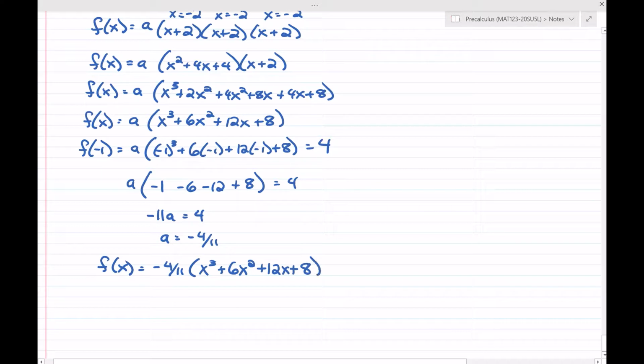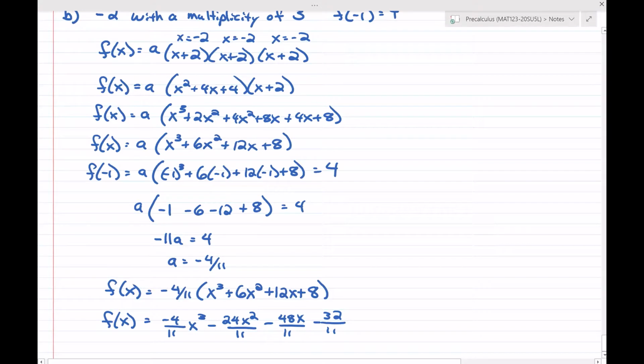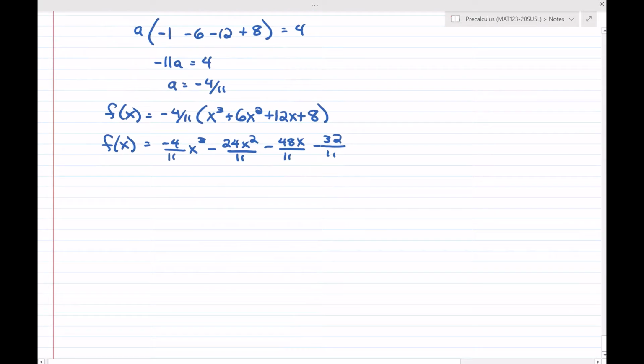And if we wanted to distribute that in, f of x would equal -4/11 x to the third minus 24 x squared over 11 minus 48 x over 11 minus 32 over 11, something like that. So it's not the prettiest thing, but that's how you would do it. Okay, move on to a different example.